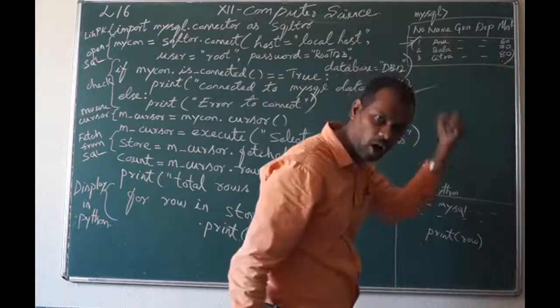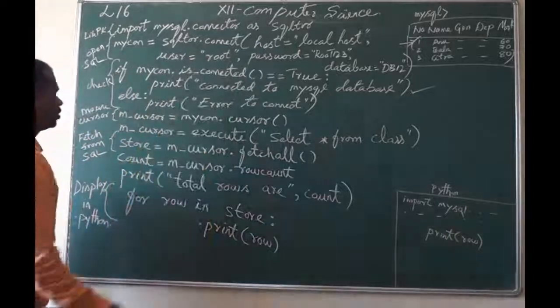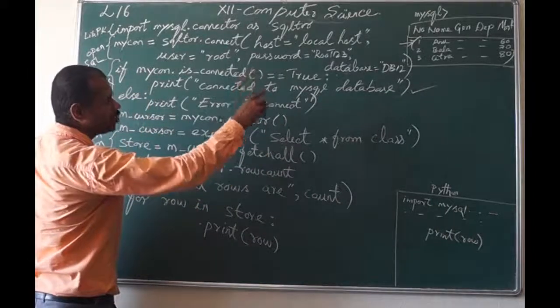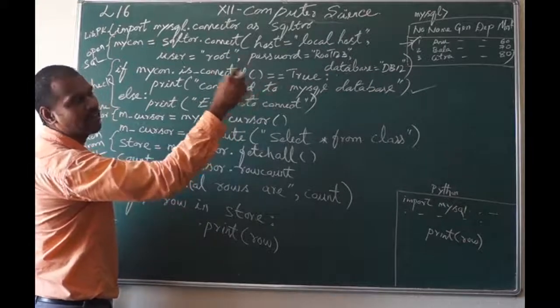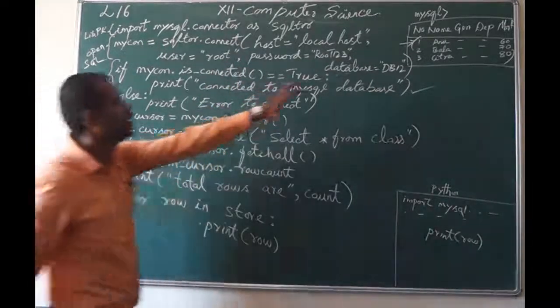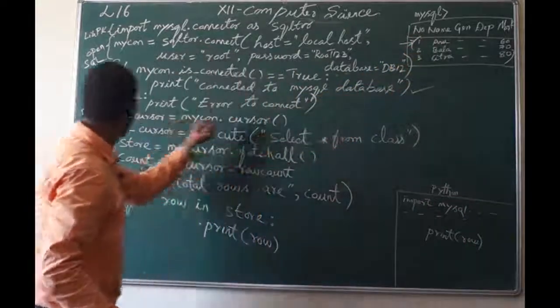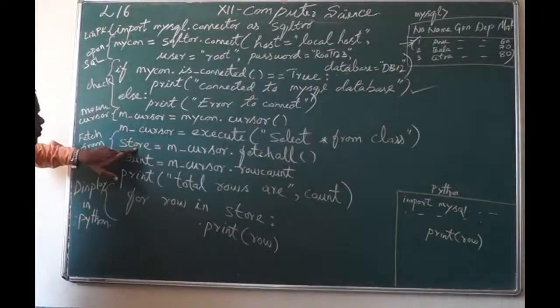Okay, fine. So it fetches everything, 1 Anu 60, 2 Bala 70, 3 Chitra 80, and this data will be stored in store.